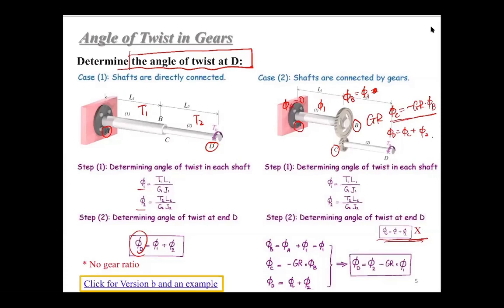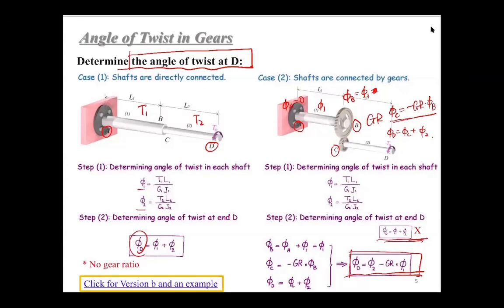To summarize these equations, phi D equals phi 2 plus phi C, and phi C equals negative gear ratio times phi B, or phi 1.